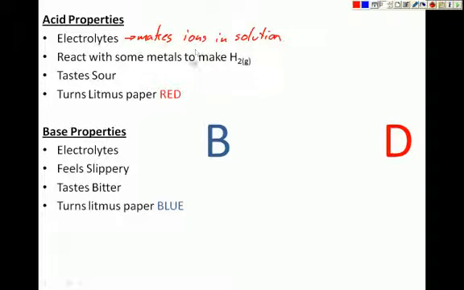Well, it makes ions in solution, and therefore it can conduct electricity. For electricity to move through a solution, there needs to be ions in that solution. So again, acids will make ions in solution, and therefore they're electrolytes.